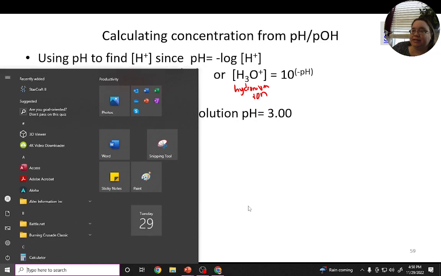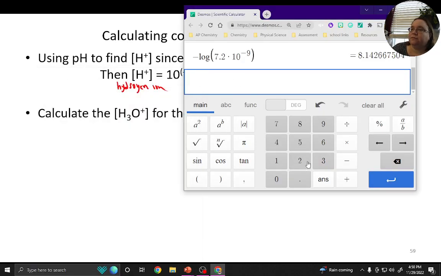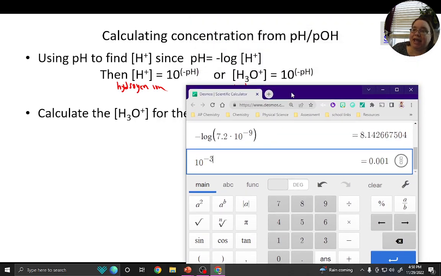How do I do this in Desmos? Oops, hit enter. So I'm going to use that AB button. 10 AB button, -3, because it has to be the negative pH.